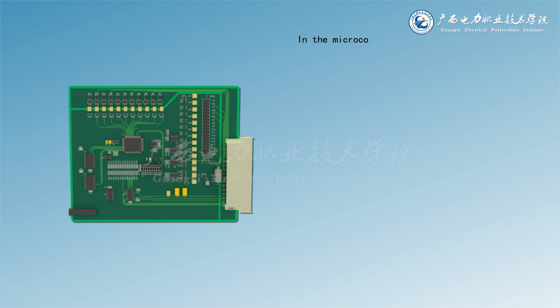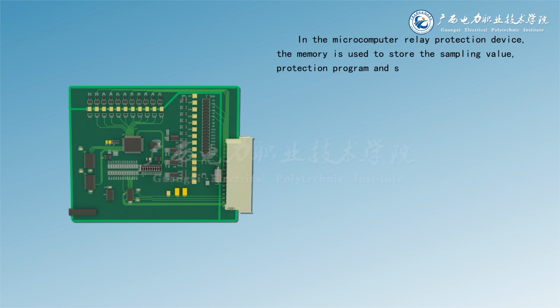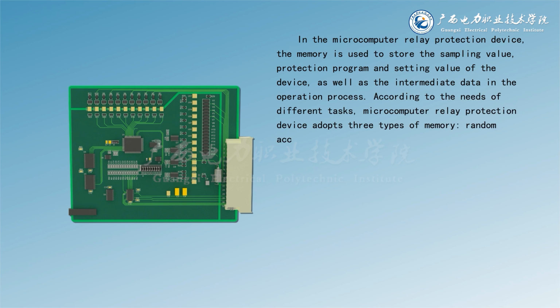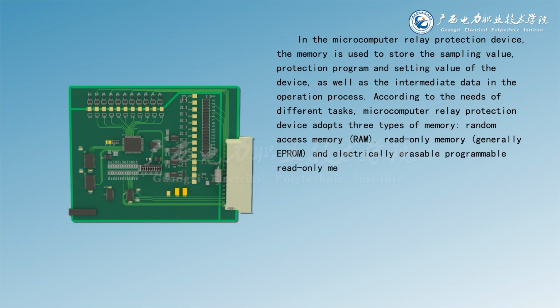In the microcomputer relay protection device, the memory is used to store the sampling value, protection program and setting value of the device, as well as the intermediate data in the operation process. According to the needs of different tasks, the microcomputer relay protection device adopts 3 types of memory: random access memory, read-only memory, and electrically erasable programmable read-only memory.